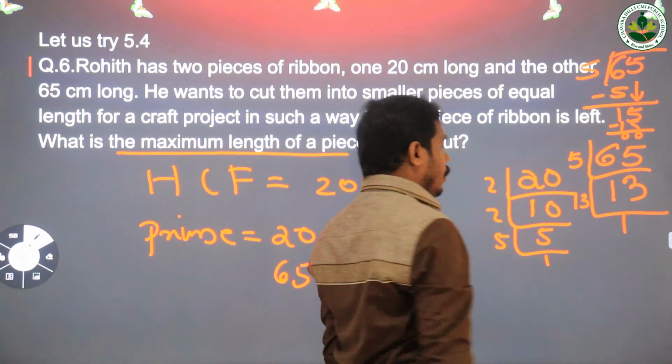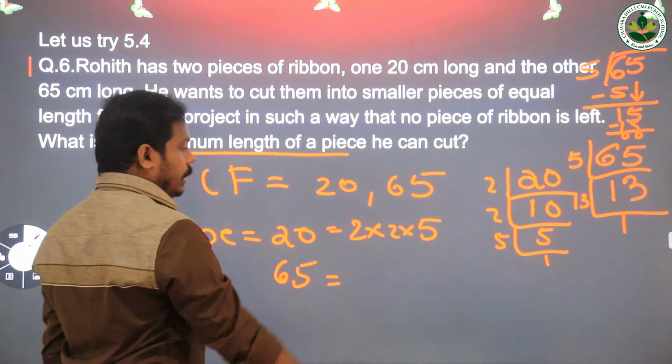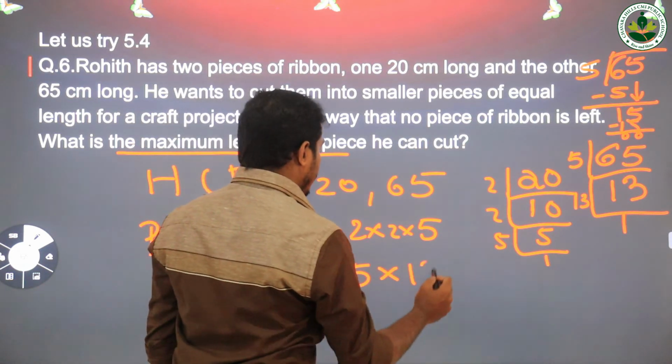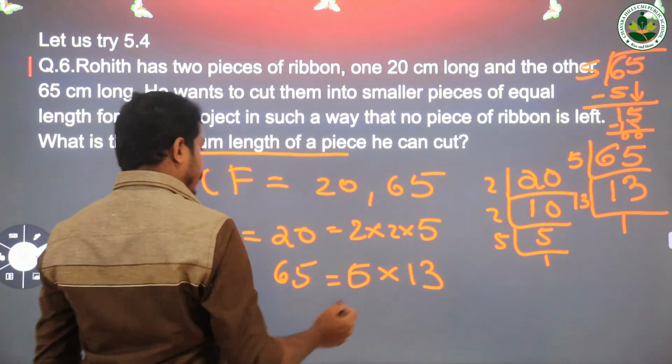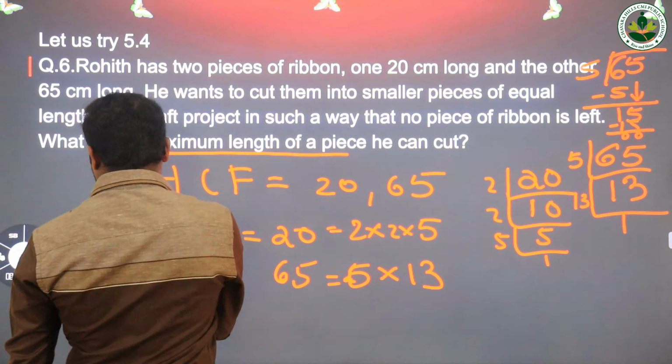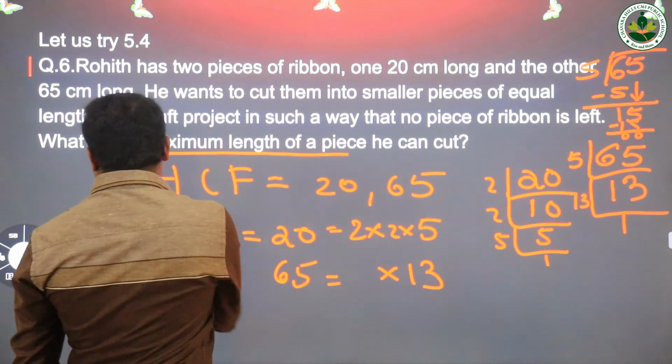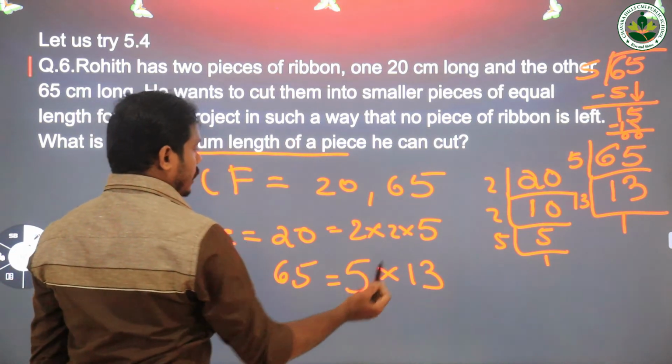So the prime factorization for 65 is 5 into 13.